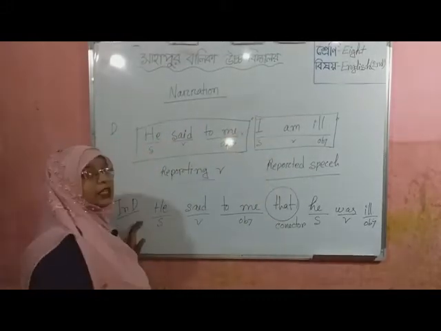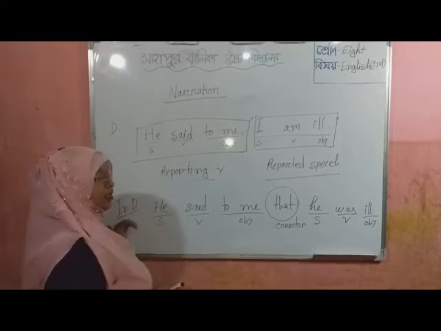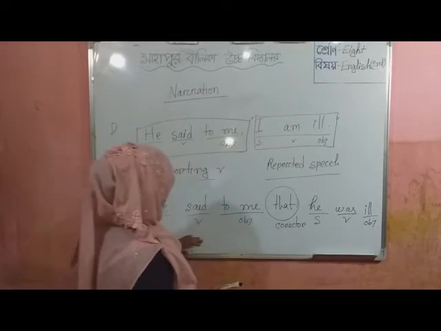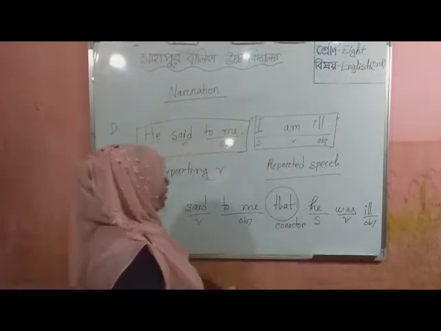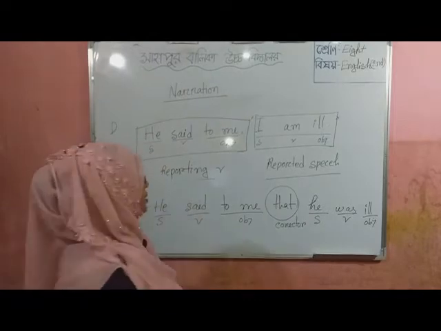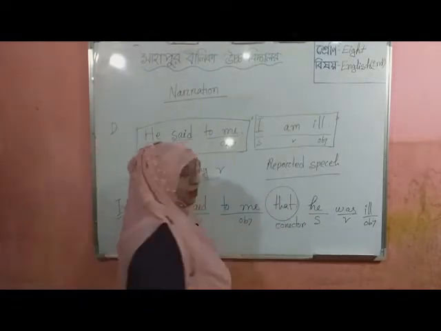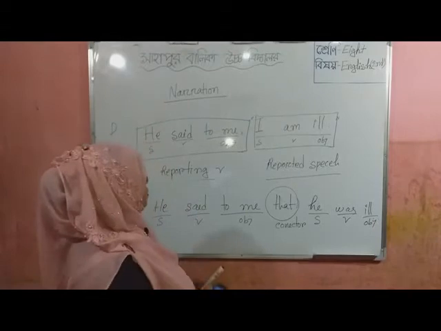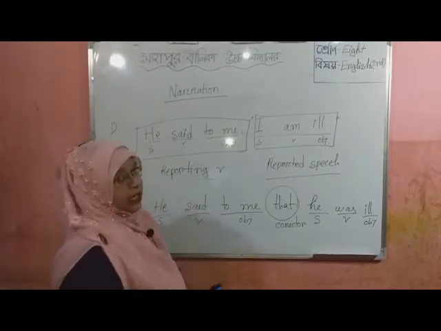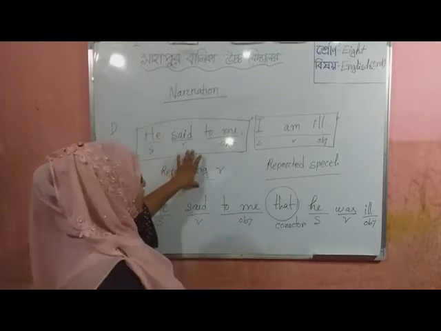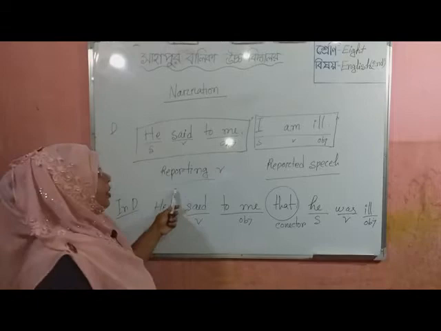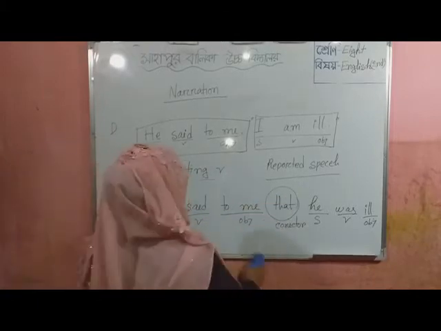But when we convert it into indirect narration, then we get the same two sentences, but they are connected by a word, that is the connector, and that is "that". So in direct narration we get a reporting verb and reported speech. Remember it, reporting verb and reported speech.